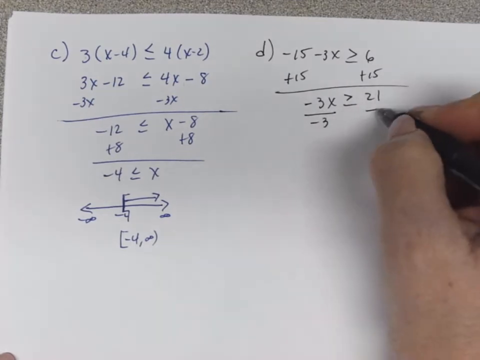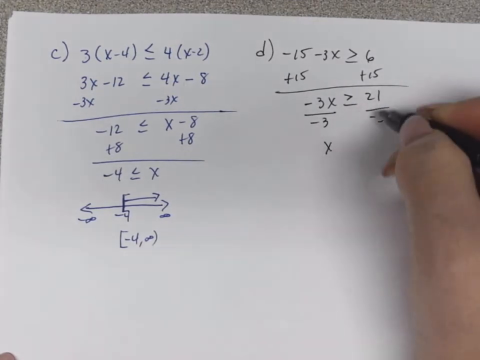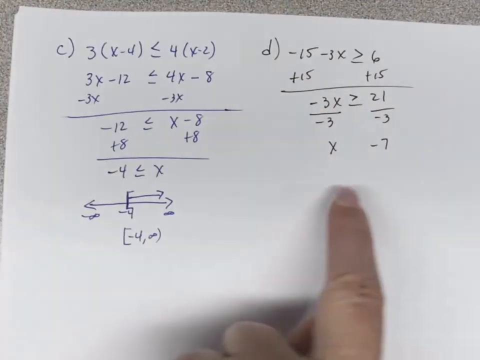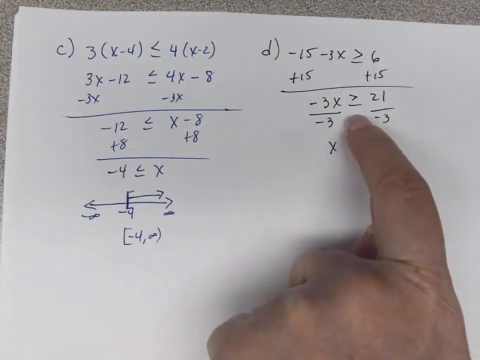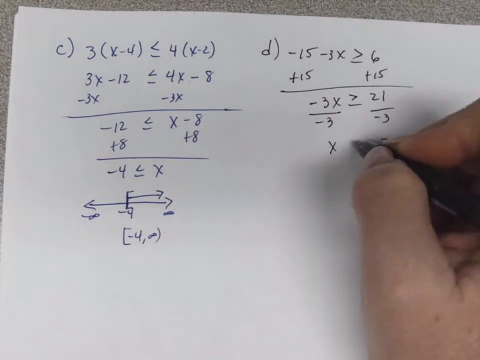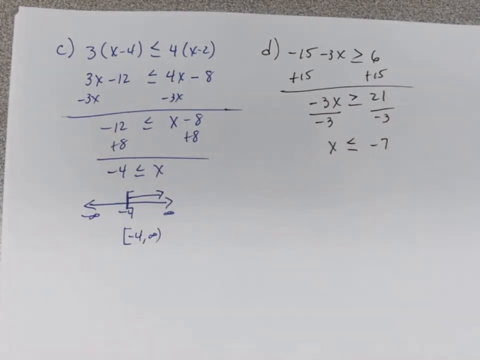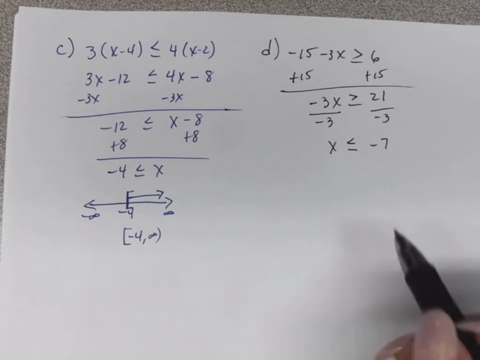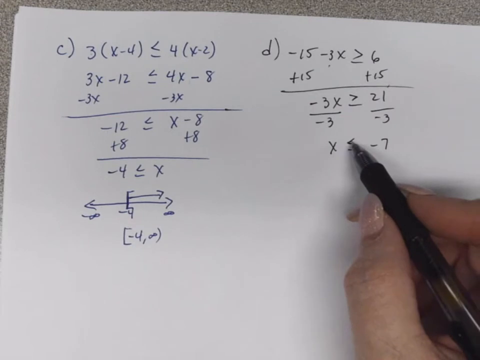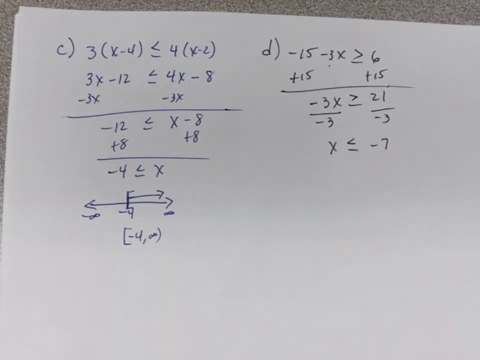Divide by the negative 3, and we have an x here, we have a negative 7 here. Now what we have to do is allow for the dividing by the negative, so we have to flip our inequality sign. It goes this way. Otherwise, we won't have the same answer as if we moved the 3x over to keep it positive. So x is now less than or equal to negative 7.